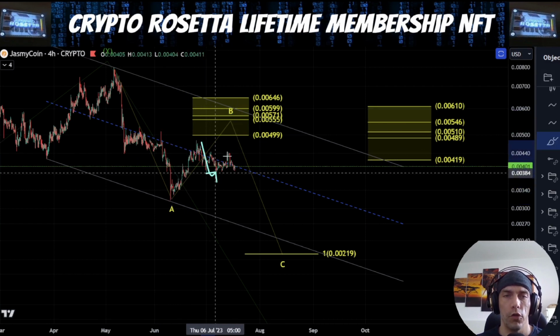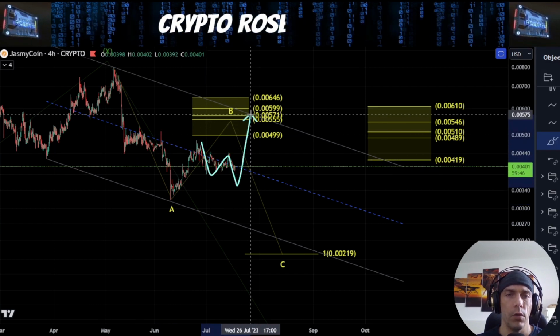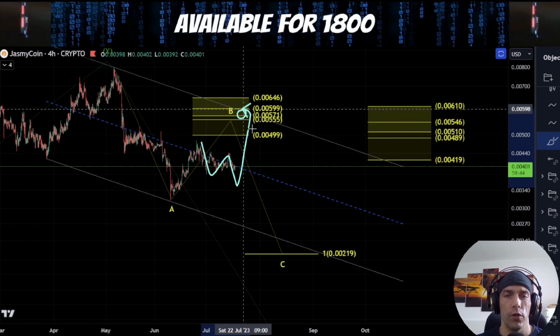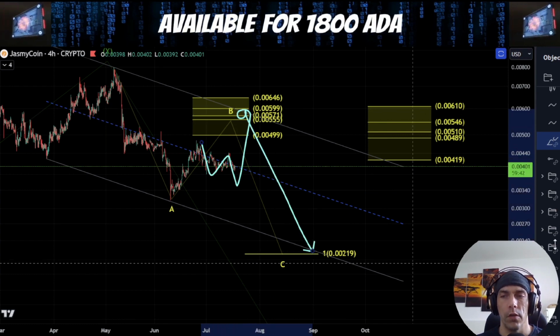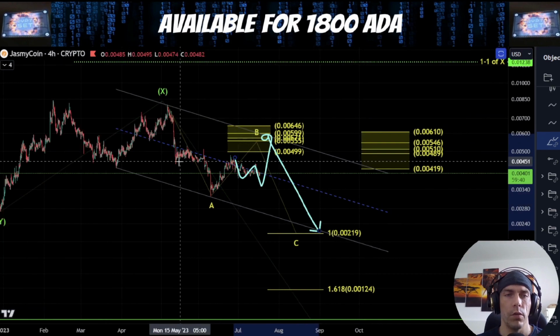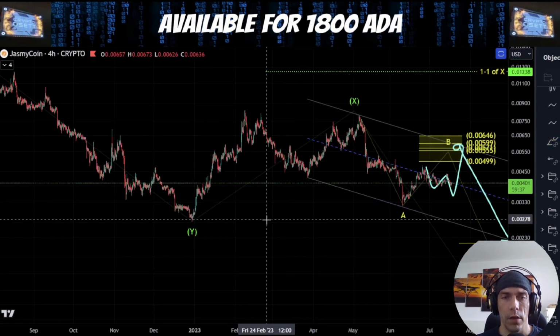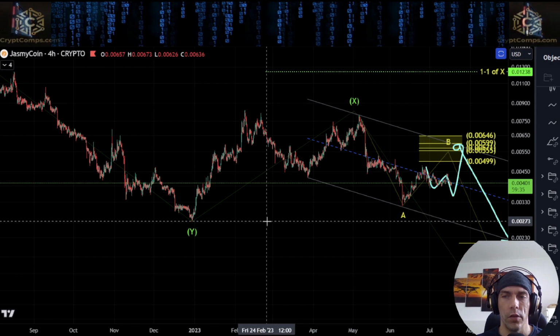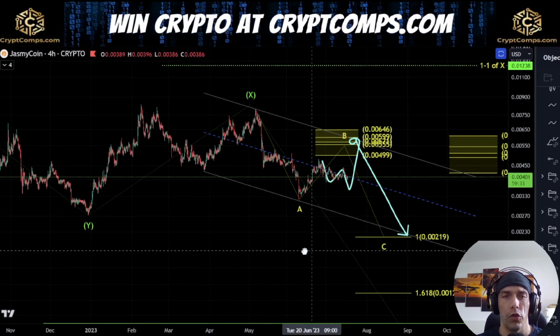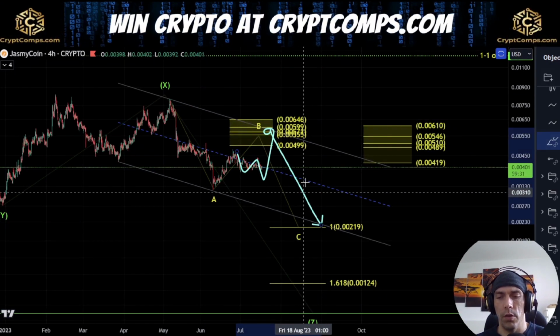Even if we do look to push down here one more time, and then look to push to the upside, I will be very cautious of this idea that we could still see this continuation to the downside because of this more bearish count. And effectively, if we do look to push down past this 273, it invalidates that bullish count to the upside. So this is what we need to be on the lookout for.